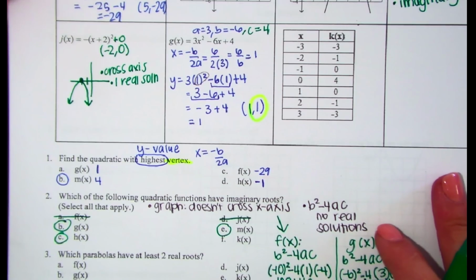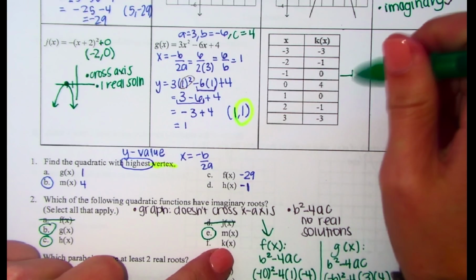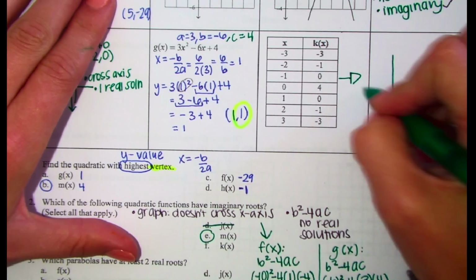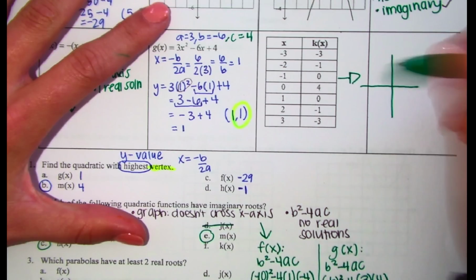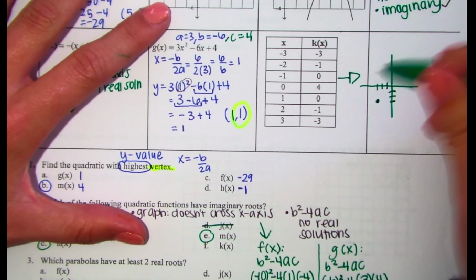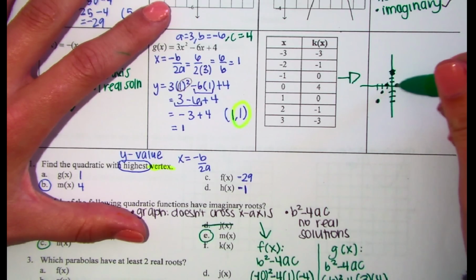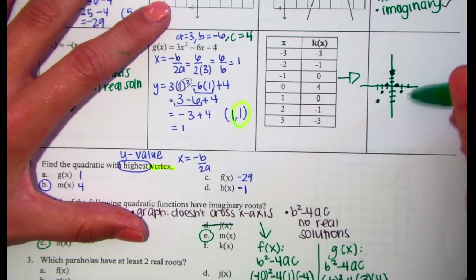And then my final function is k of x. They give me a table, so I'm going to go ahead and draw a quick sketch of what those points would look like. So negative 3 would be my first ordered pair from the table. Negative 2, negative 1, negative 1, 0, 0, comma 4, somewhere up here, 1, comma 0, 2, comma negative 1, and 3, negative 3.